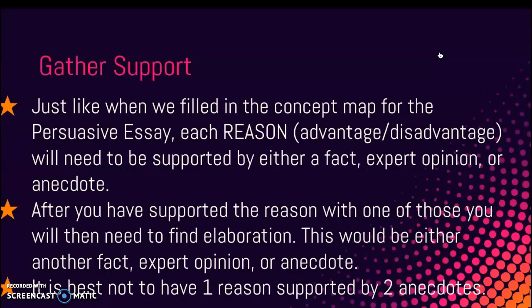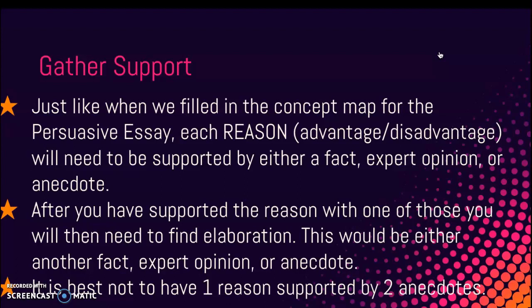Just like when we filled in the concept map for the persuasive essay, the concept map is going to look very similar, it's the exact same thing, you just have to do 2 of them because you have the advantage and the disadvantage side. Each reason will be supported by a fact, expert opinion, or anecdote. After we have that evidence for each reason, each of those then needs to be elaborated upon.